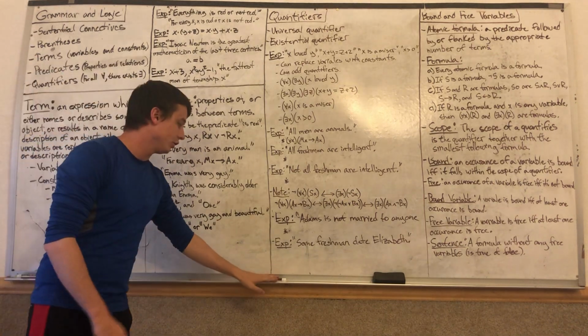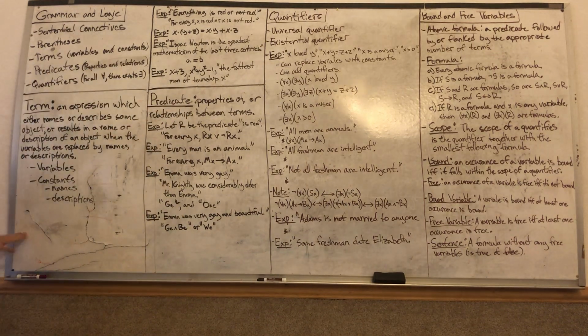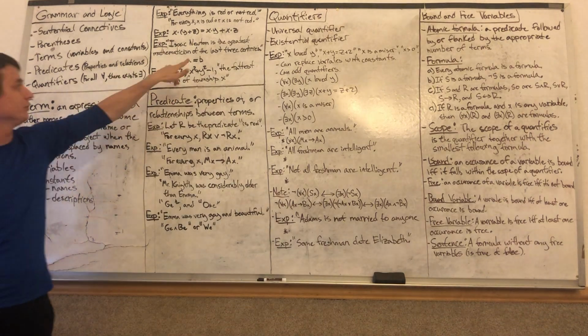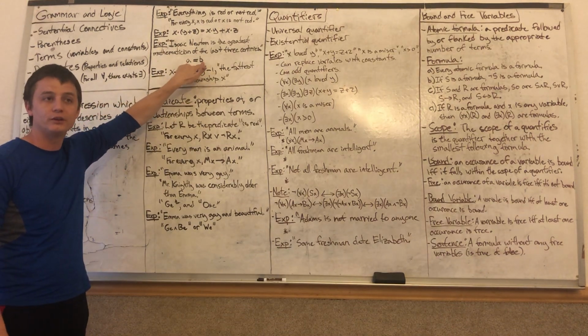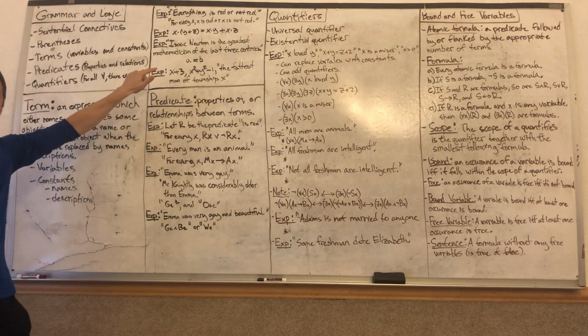As a matter of notation, from here on out, I should have put a note here to say this. That was on me. If we're talking about a name or a description, we're going to use lowercase letters at the start of the alphabet, like a and b, to represent it, or constants, the way we talk about it in math.